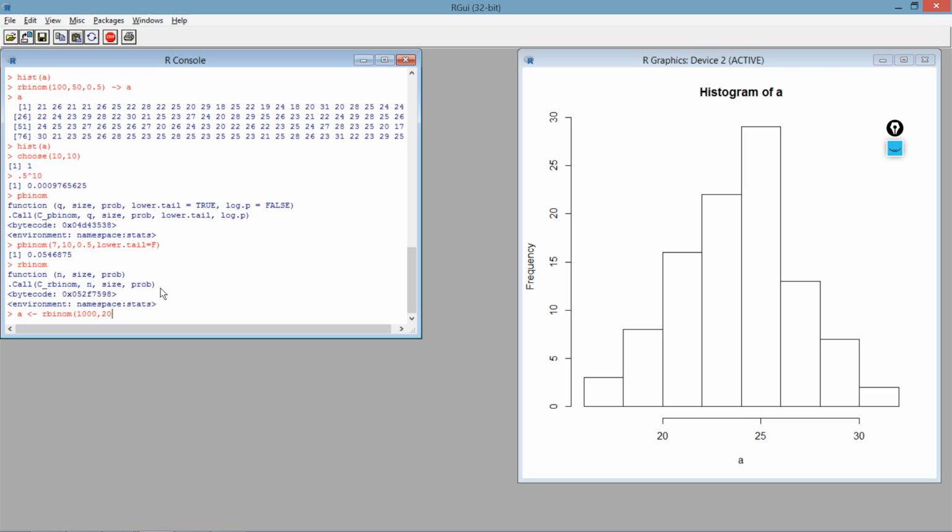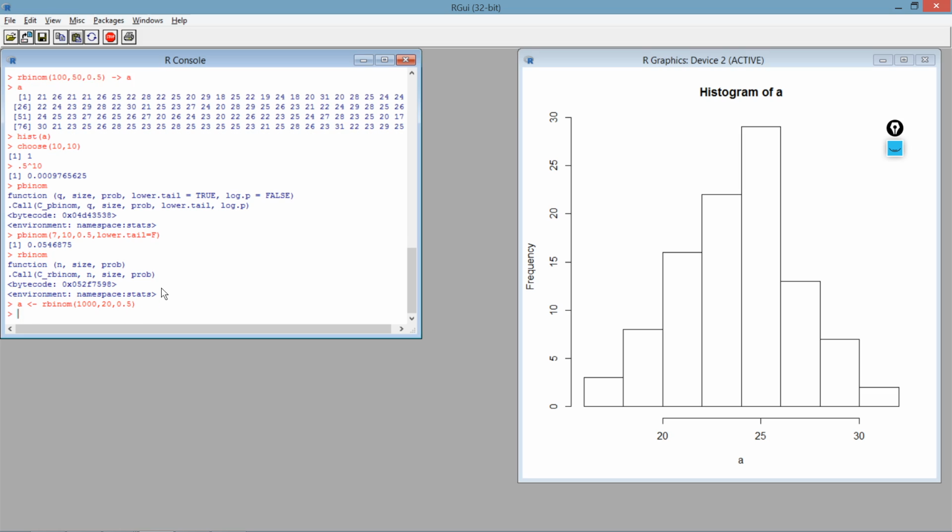So this is doing 20,000 coin flips. It's going to do 20 coin flips and bucket that, then another 20 coin flips and bucket that, and it'll do that 1,000 times. And we want our coin flips to be a 50% chance of getting heads. It just did it. That was 20,000 coin flips.